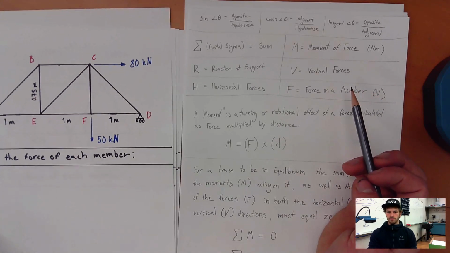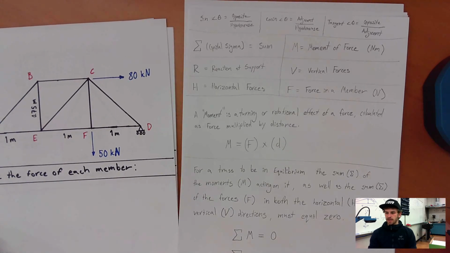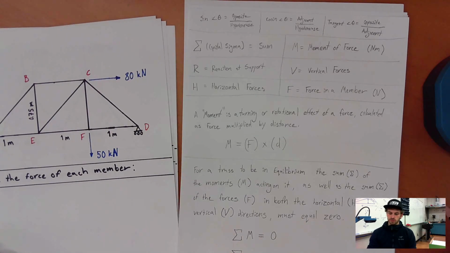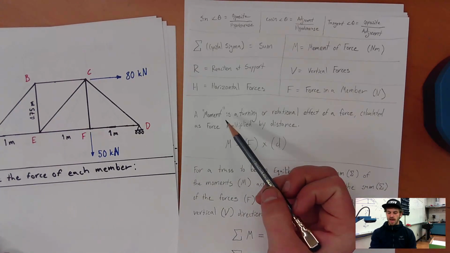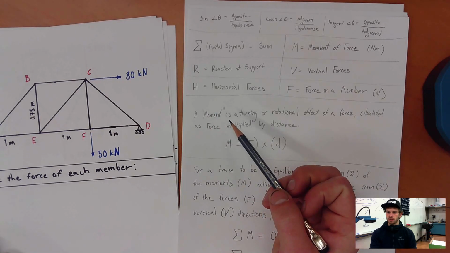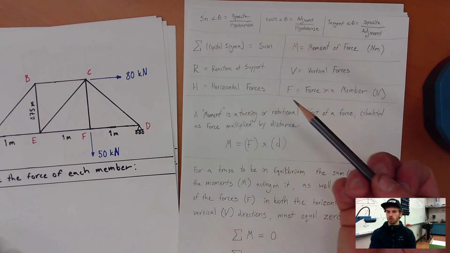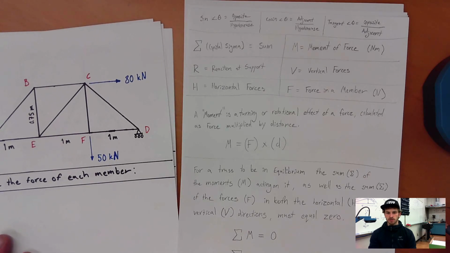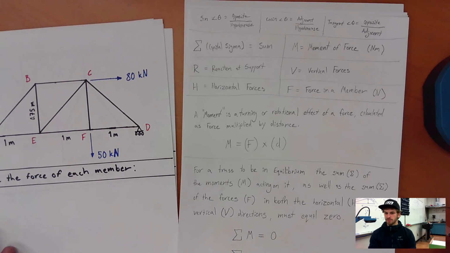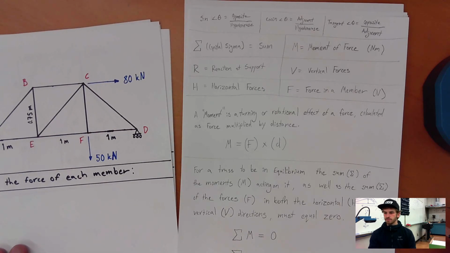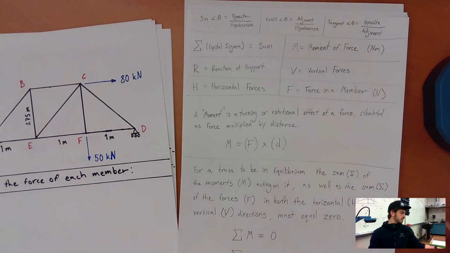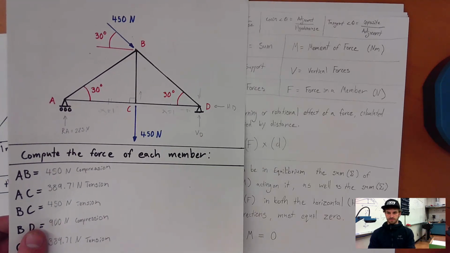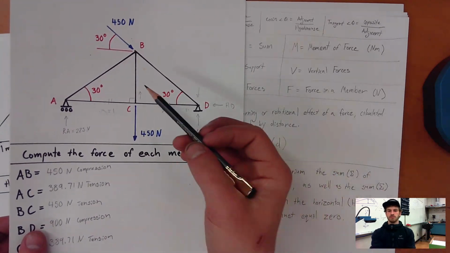If we have forces acting in the horizontal and vertical direction, we create a moment. A moment is a turning or rotational effect of a force, calculated as force multiplied by distance. In our last problem, we didn't have a whole lot to go on with the distance. We only had angles, and we had to make some assumptions.